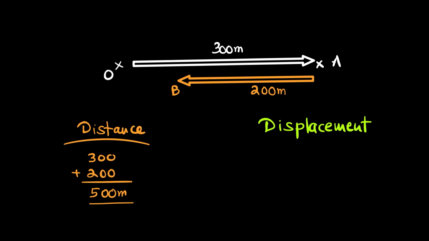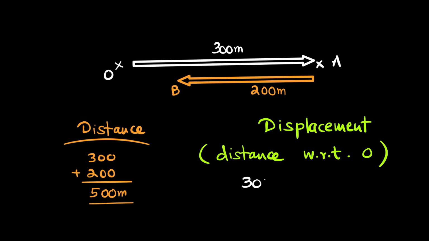What do we mean by displacement? This is distance with respect to the starting point, which is O. So now the particle is how many meters away from the origin? That is 100 meter, because this is 300, this is 200, so 100 meter is left. And how can I do the calculation?